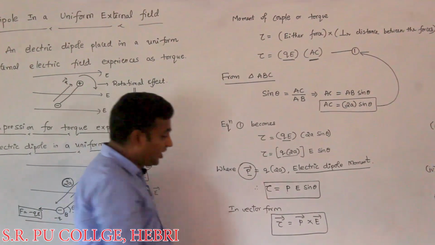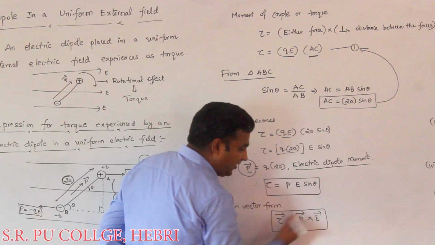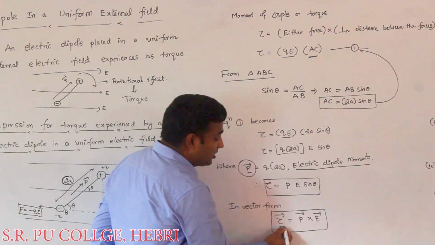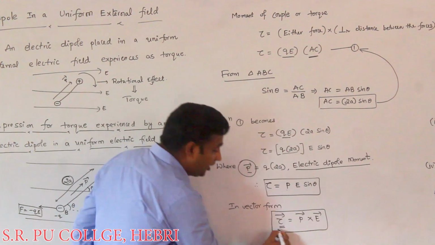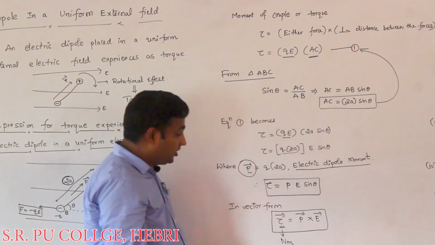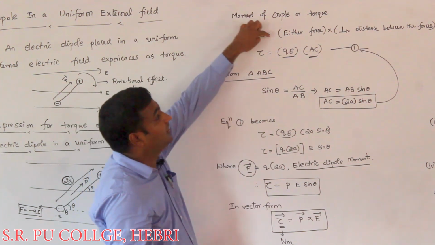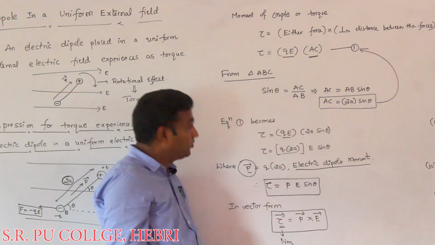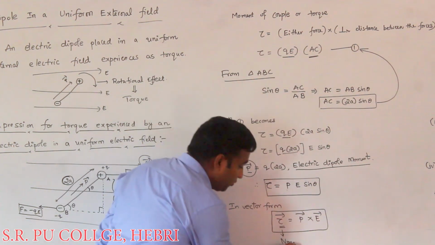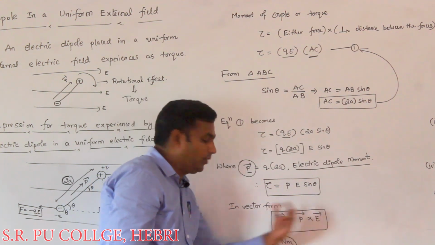In vector form, tau vector is equal to P vector cross E vector. It is a vector product because torque is a vector quantity. The unit for torque is Newton meter, because force has unit Newton and perpendicular distance has unit meter.